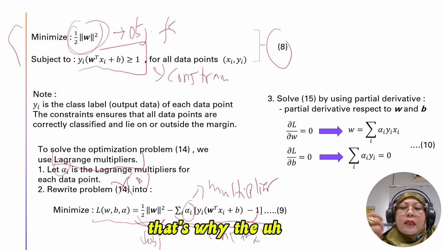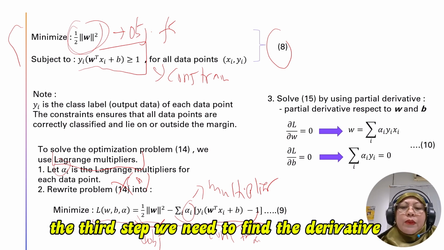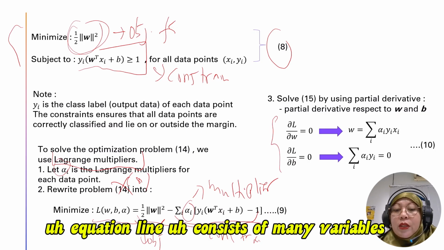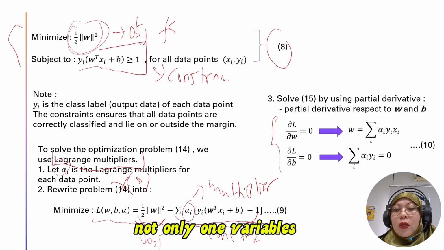That's why in the third step, we need to find the derivative, and you have to remember that equation 9 consists of many variables, not only one variable.